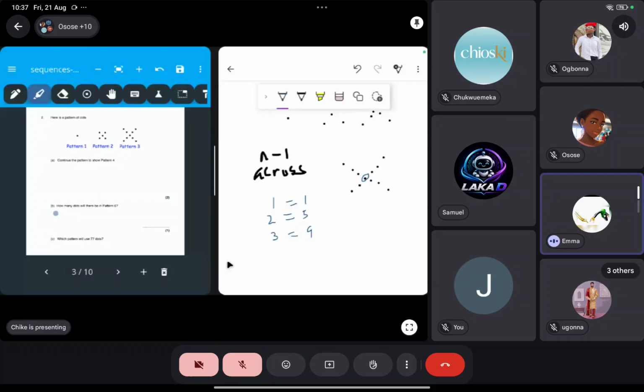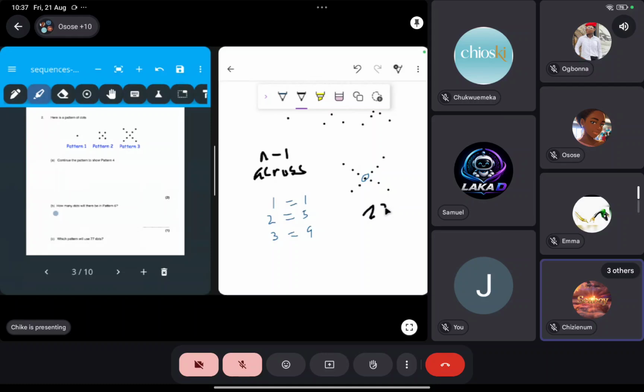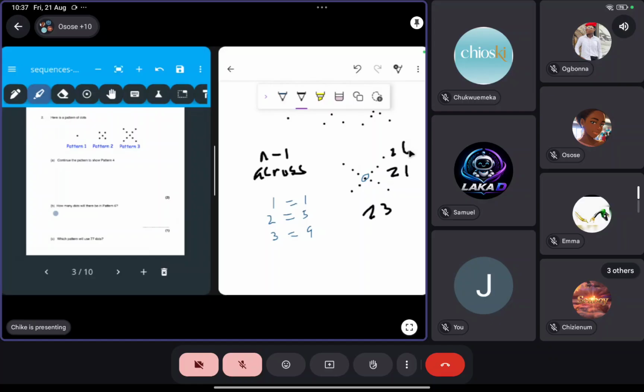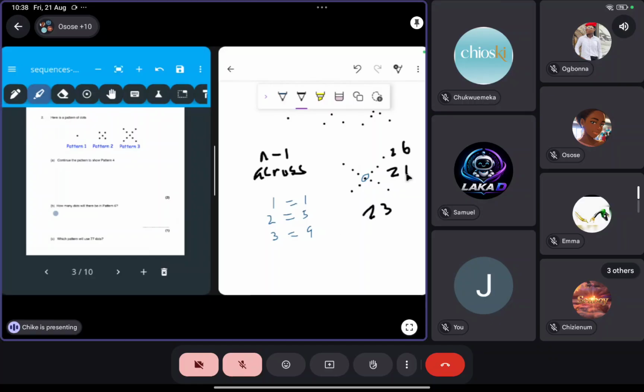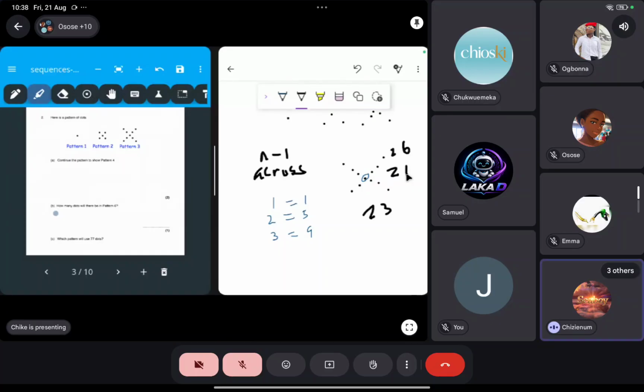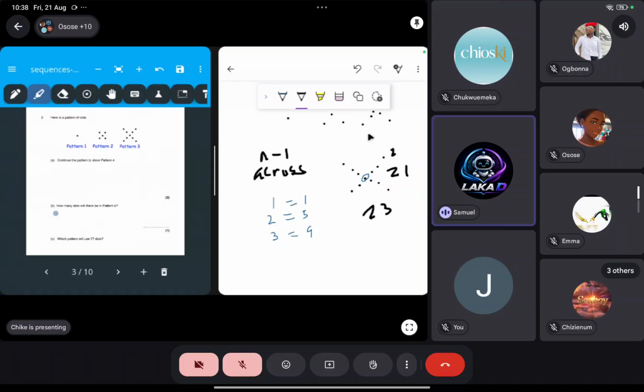That would be like 23, 21. Let's see. Okay, we have 23, we have 21. Then 26, and 20. Is it the 21 person that changed to 26? No, I'm still on my 21. Okay, 26 that changed to 20? No, sir, 20 is on his own.